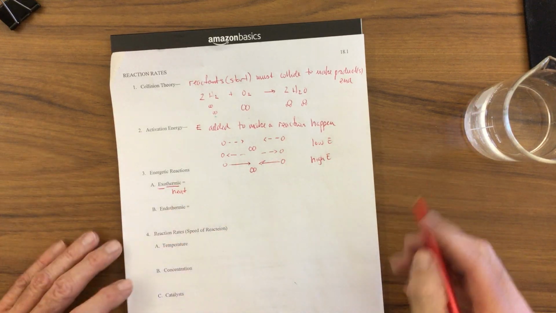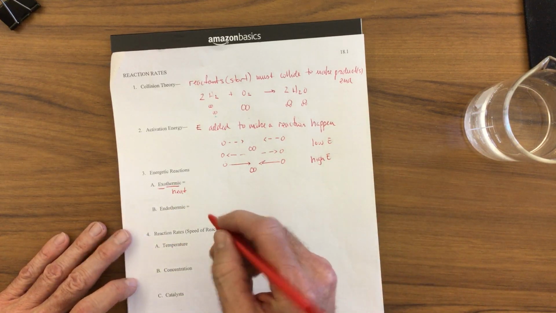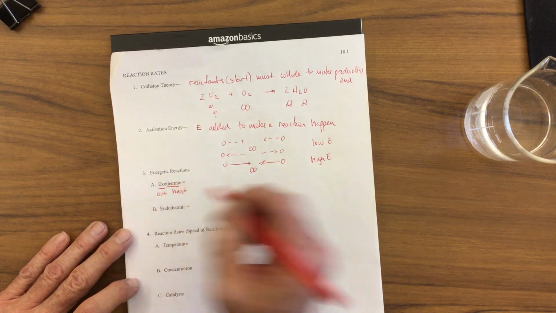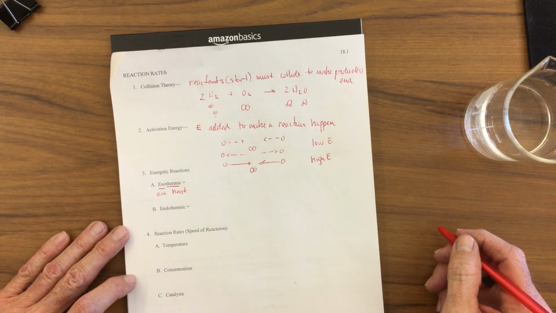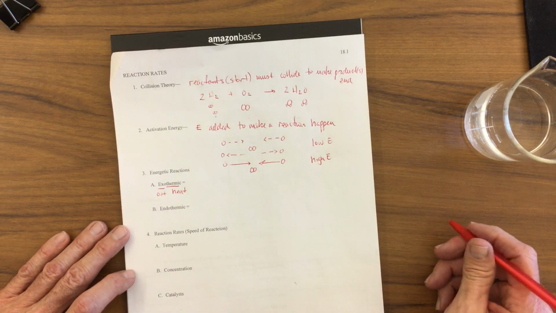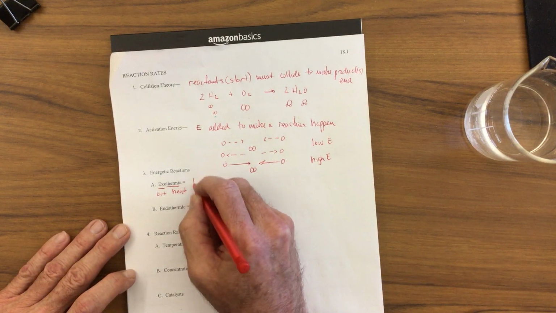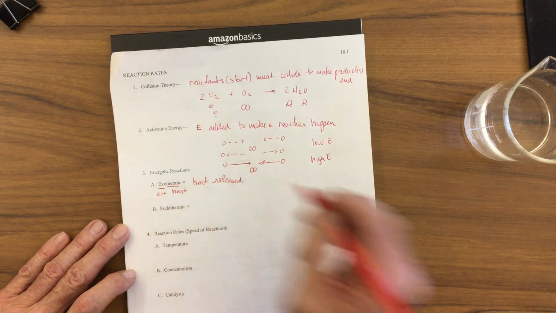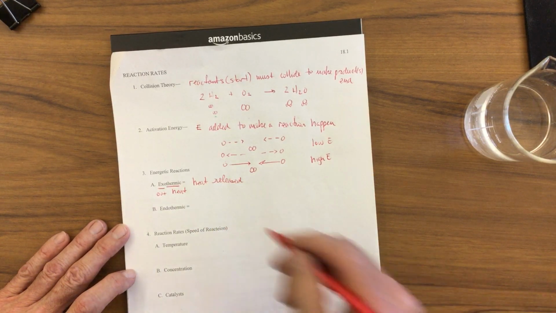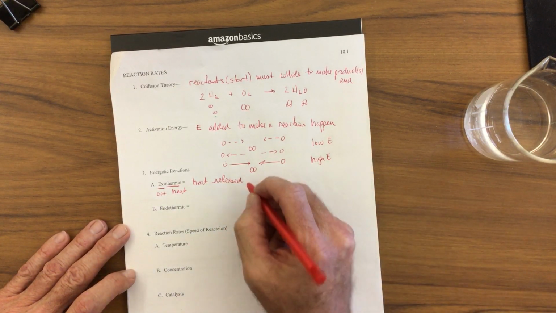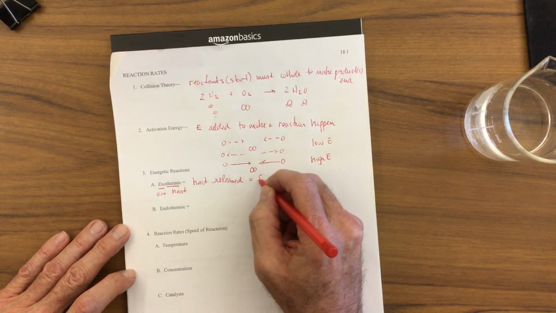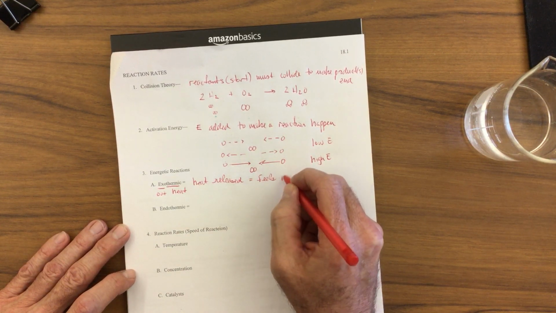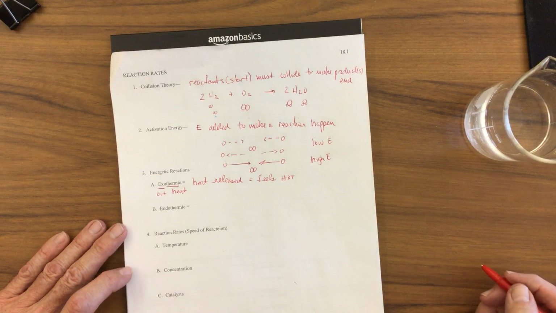The thermometer is able to detect that and respond to that. So with an exothermic reaction, heat is going to be released. And if you feel the bottom of the flask, it's going to feel warmer. Or we'll just say it feels hot.